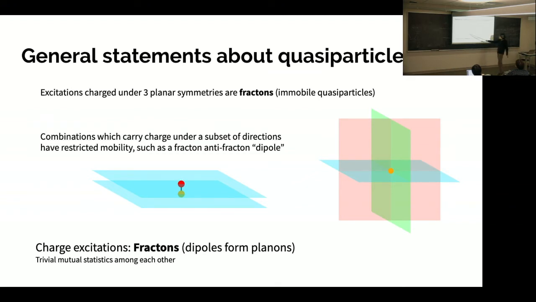Similarly, if you have two of them in a dipole, this does not carry any charge under any of the orthogonal subsystem symmetries, only the xy planar symmetries. So this is free to move in the xy plane. And so from this, we know that whatever Fracton model we end up with, the charge excitations must be fractons, dipoles must form planons, and they must all have trivial mutual statistics with each other.